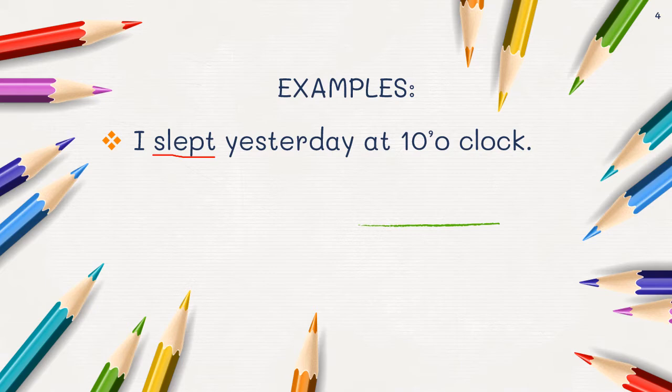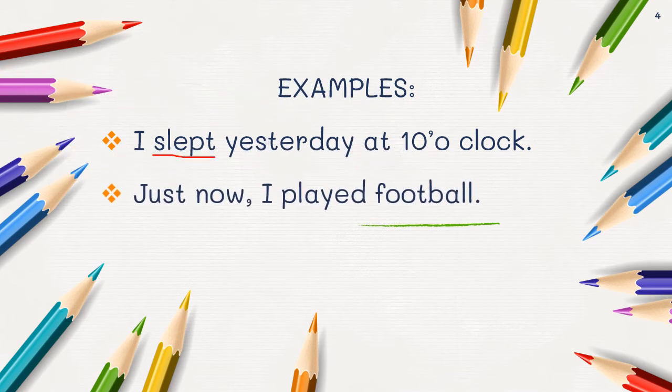Now let's look at the second example. Just now I played football. Okay, so can you tell me what is the verb here? Well done. So played is the verb and the base form of played is play.